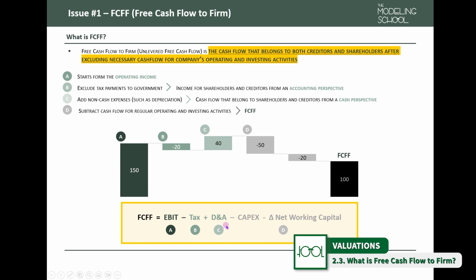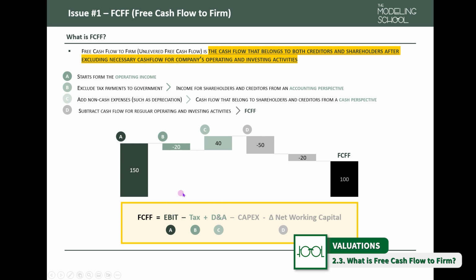So we're adding D&A. Some people also add other non-cash costs, such as pensions or impairments and so on. But that really depends on analysts.